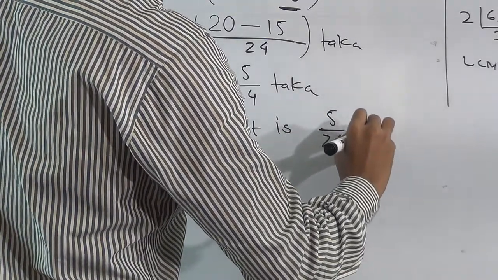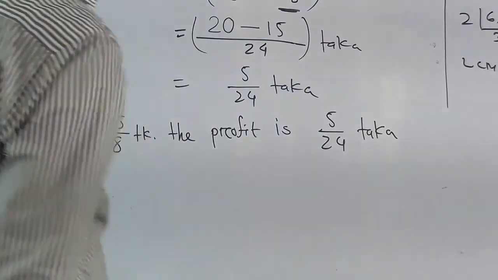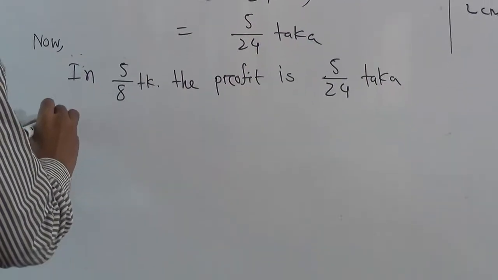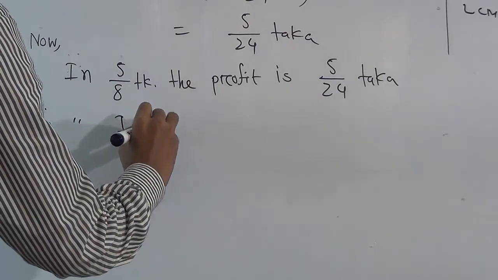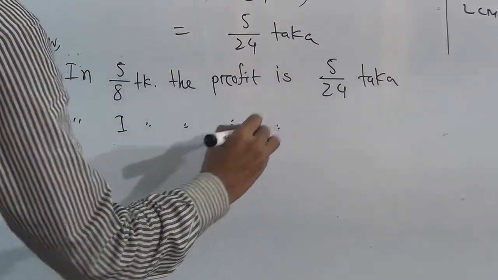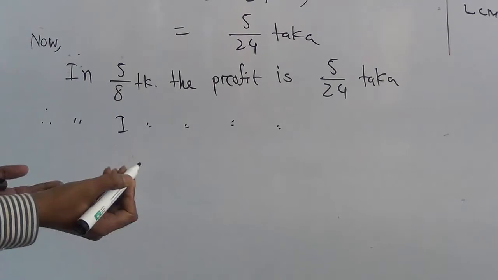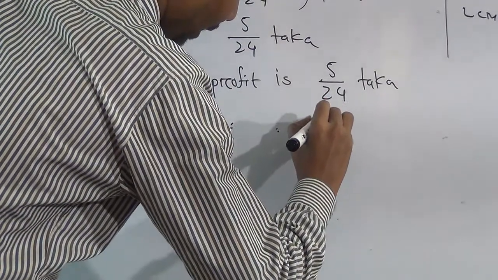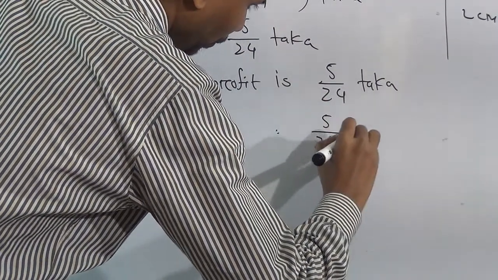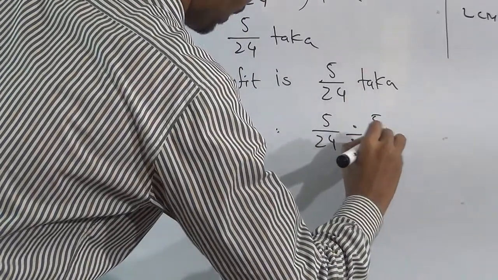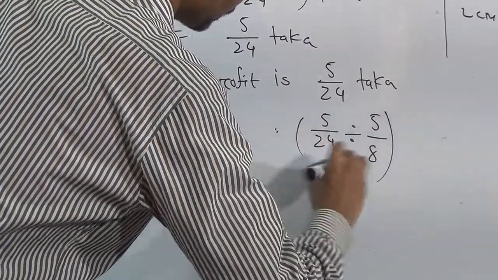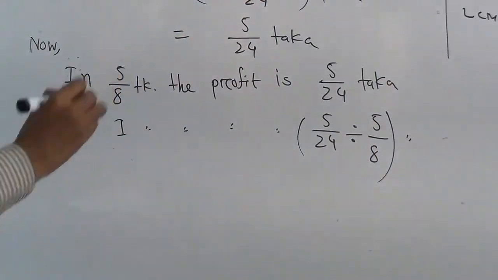Yes. Therefore, in 1 taka, the profit is less, that means what? Division. Then 5/24 divided by 5/8.